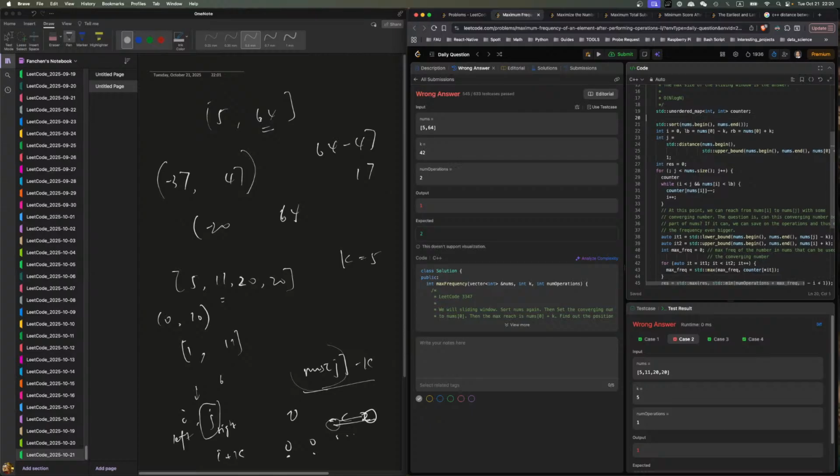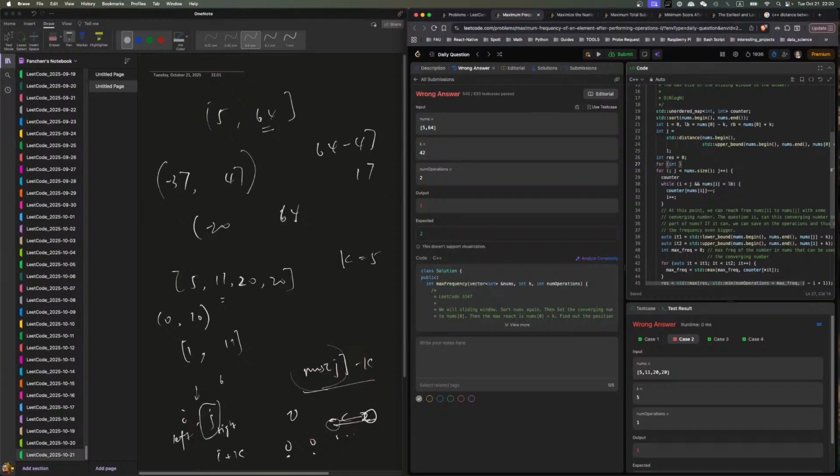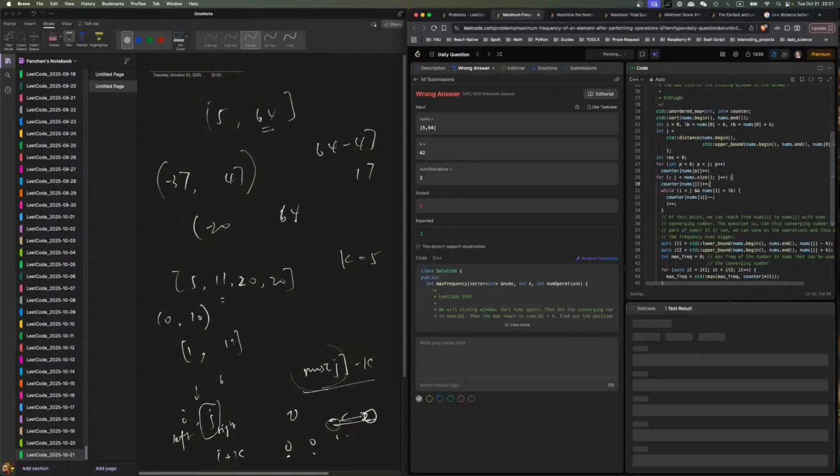Counter should say for int p equal to 0, p smaller than j, p plus plus, counter[nums[p]] plus plus, and then this will be counter[nums[j]] plus plus. I don't think it would change, but this is more correct.